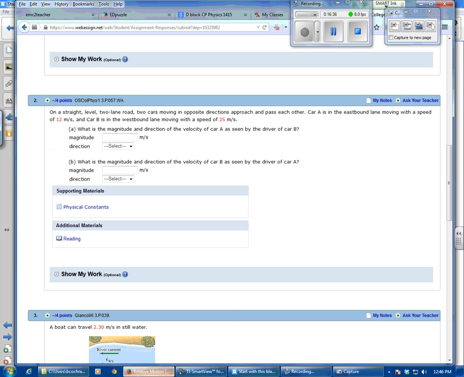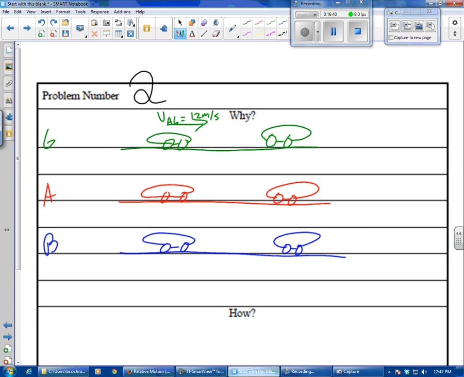B is in the westbound lane, moving with a speed of 25 meters per second. So this one is now moving this way. This is the velocity of B with respect to the ground, and that is that direction, 25 meters per second. Make sure you have your own values in there, right?